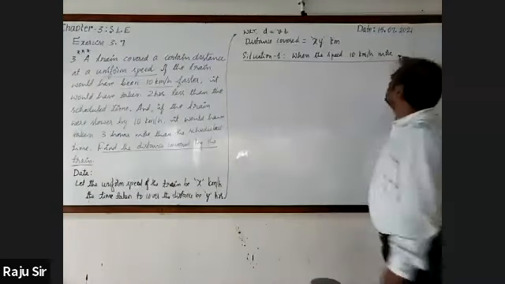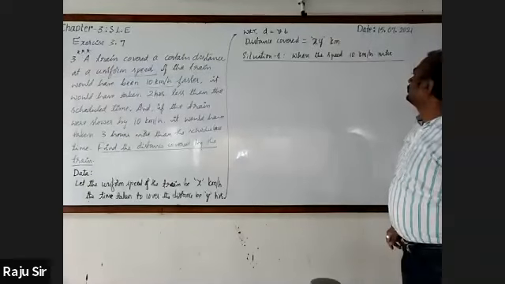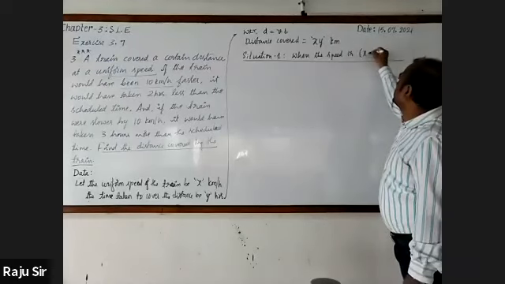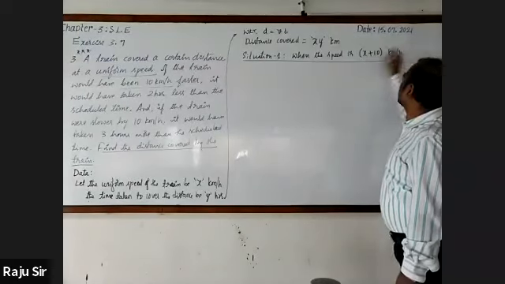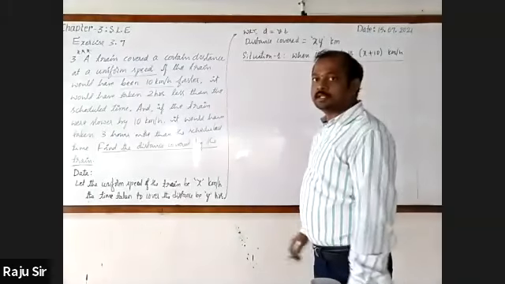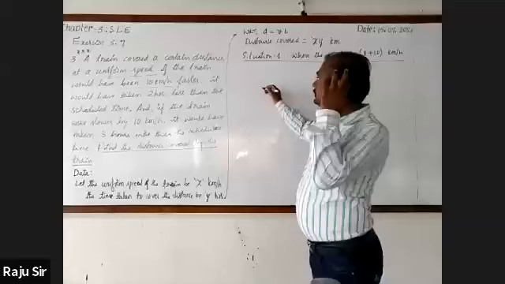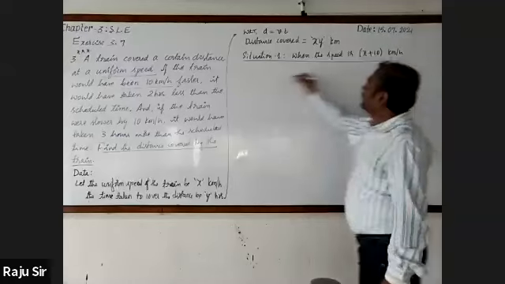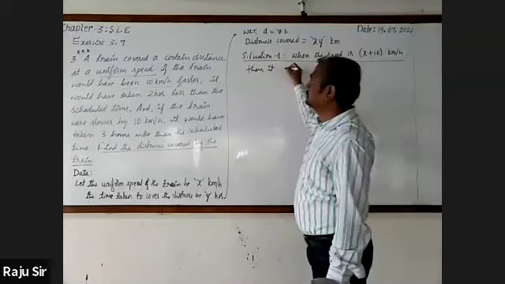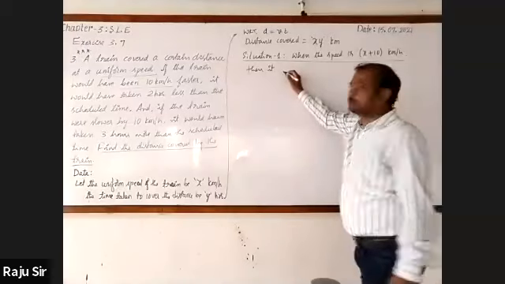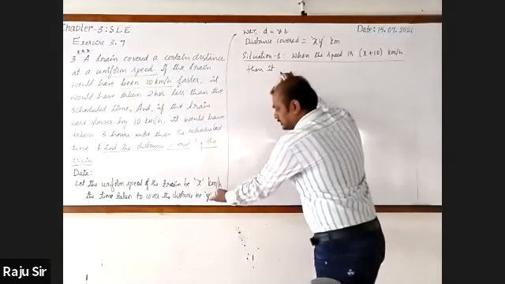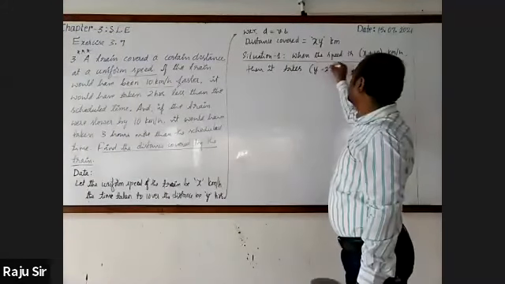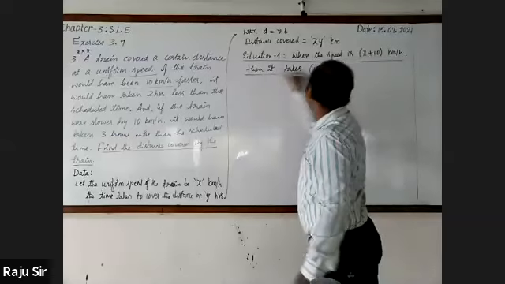Situation 1, when the speed is x plus 10 kilometer per hour, what is the time taken by it? 2 hours less than the scheduled time, y minus 2 hours. Underline one.